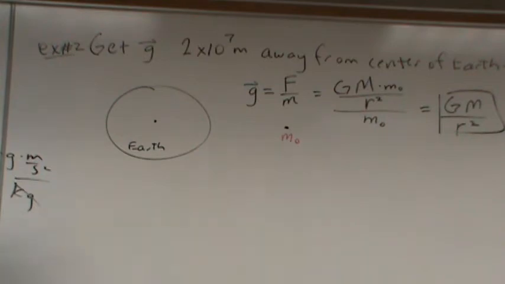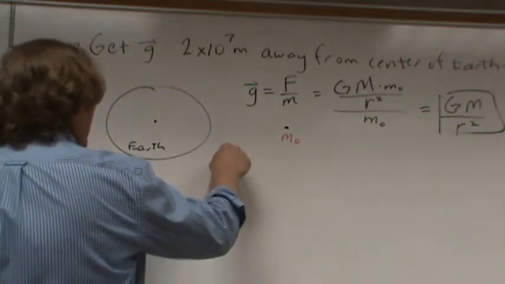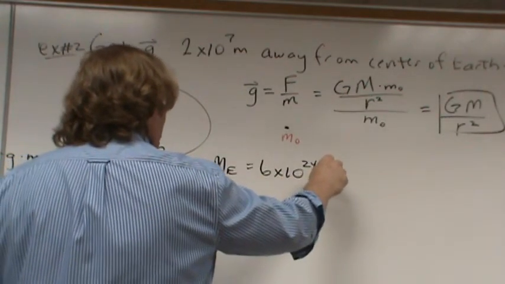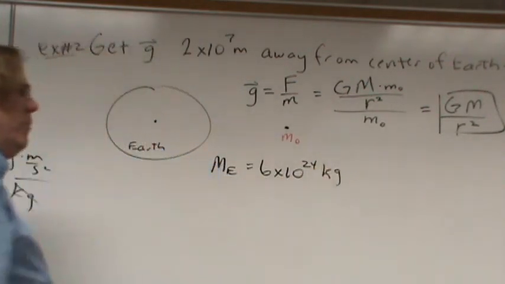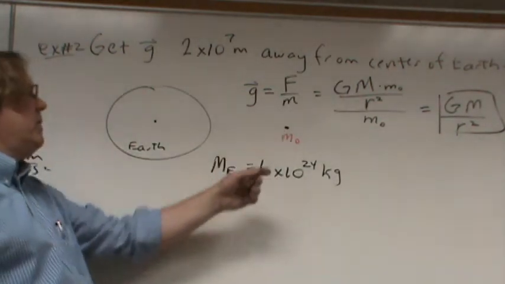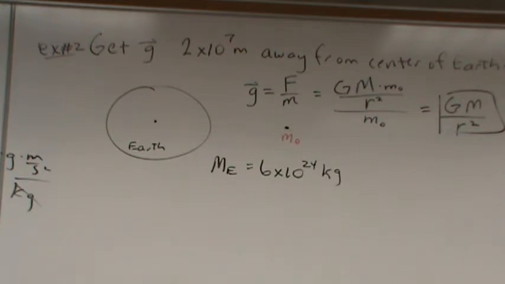and you're fine. Okay, so let me tell you the mass of the Earth is equal to 6 times 10 to the 24th kilograms. I'd like everyone to please plug into that formula. Get me the gravitational field 2 times 10 to the 7th meters away from the center of the Earth.